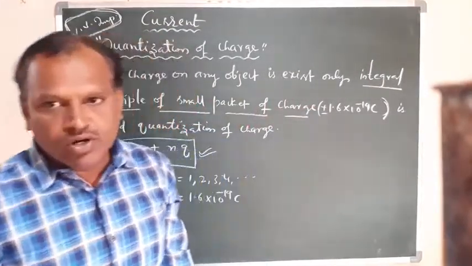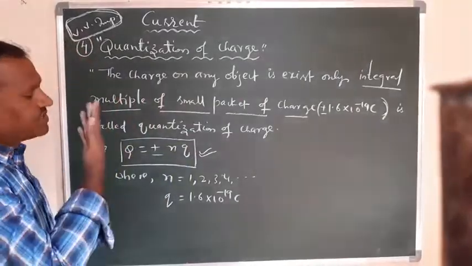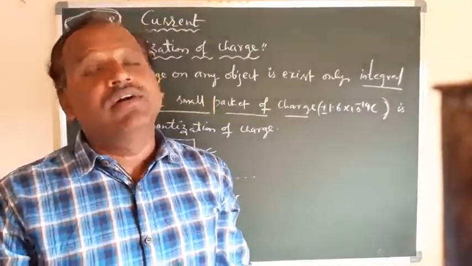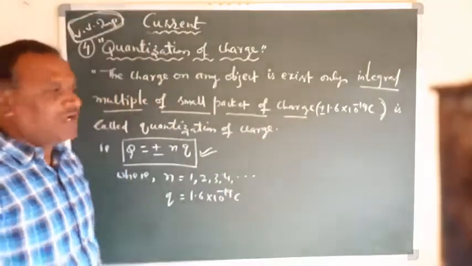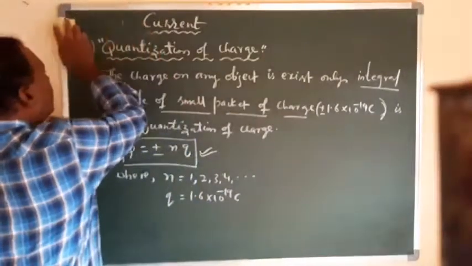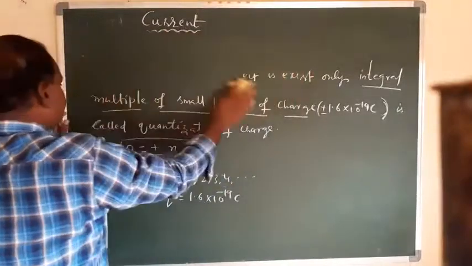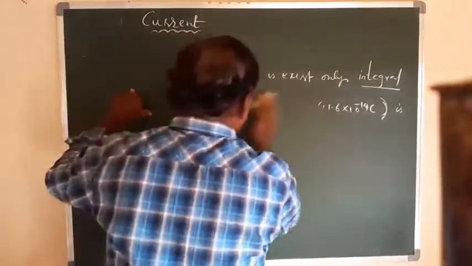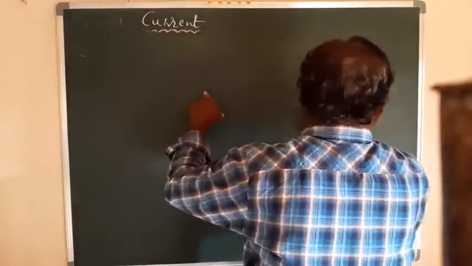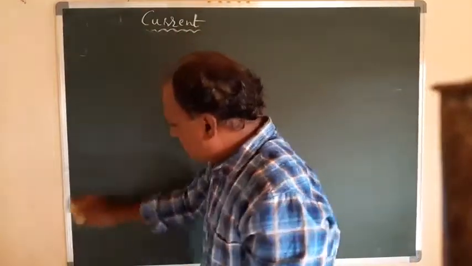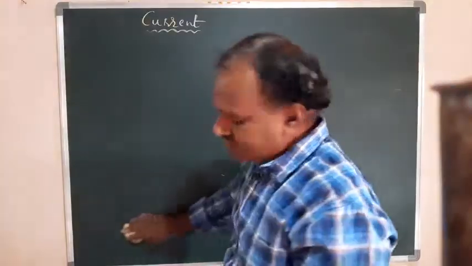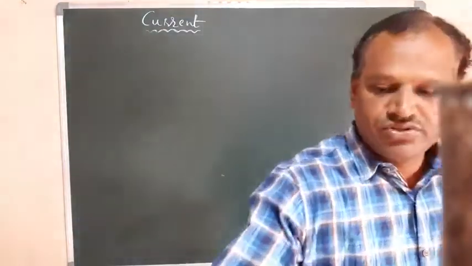Now we can move on to the next topic, that is current. What is current? What is the definition of current? We can discuss that now. Generally, you can observe the flow or movement of certain materials or objects.